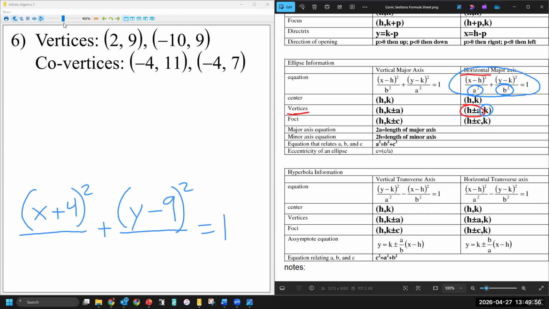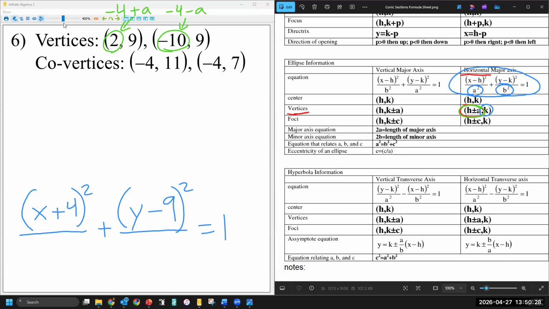A, I'll read my formula sheet right here, is whatever I'm adding to h to get 2 and negative 10, okay? Well, I know that h is negative 4. We found that already. So negative 4 plus a has to give me the bigger number, and negative 4 minus a has to give me the smaller number, okay? Or the easier way of thinking about it is how far is negative 4 from 2 and negative 10?